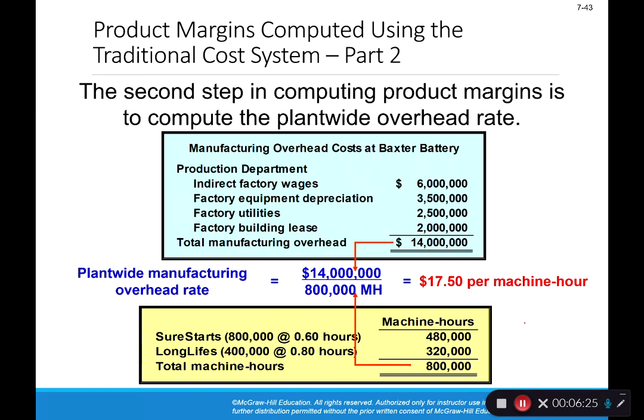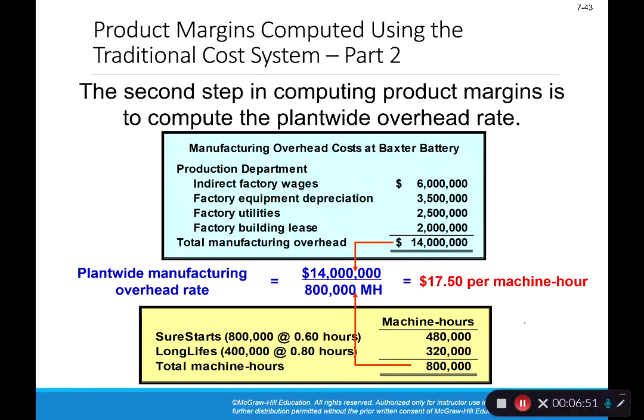The reason is, remember, ABC includes some but not all of our manufacturing costs, and then some non-manufacturing costs. Under traditional costing, we can only include manufacturing costs. So our overhead included here is just our manufacturing overhead, which is all factory and production related costs that aren't direct materials or direct labor.